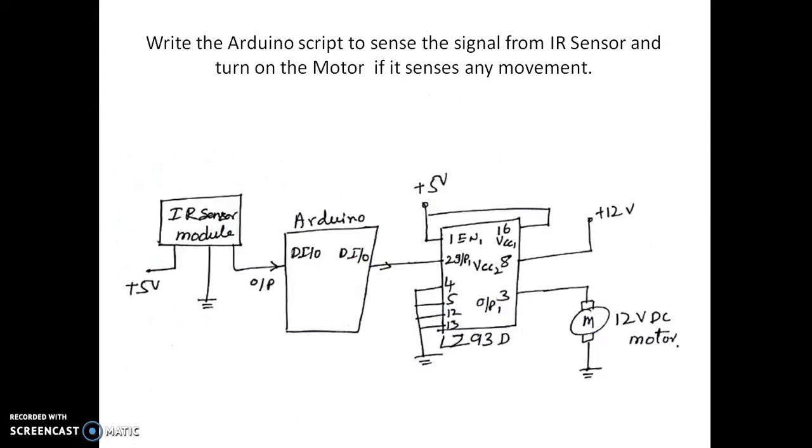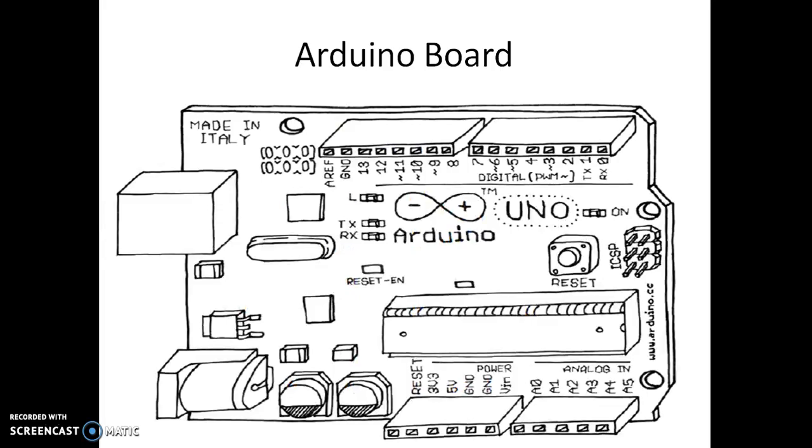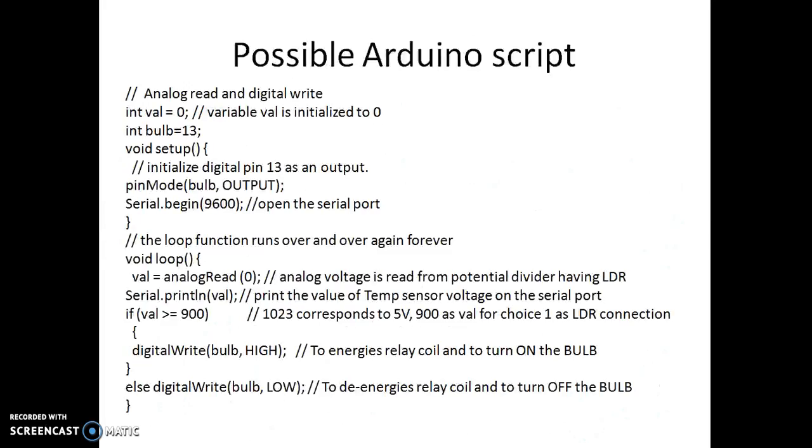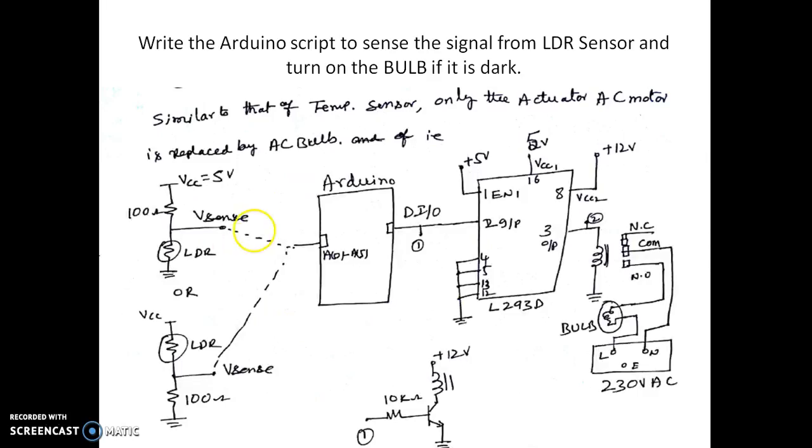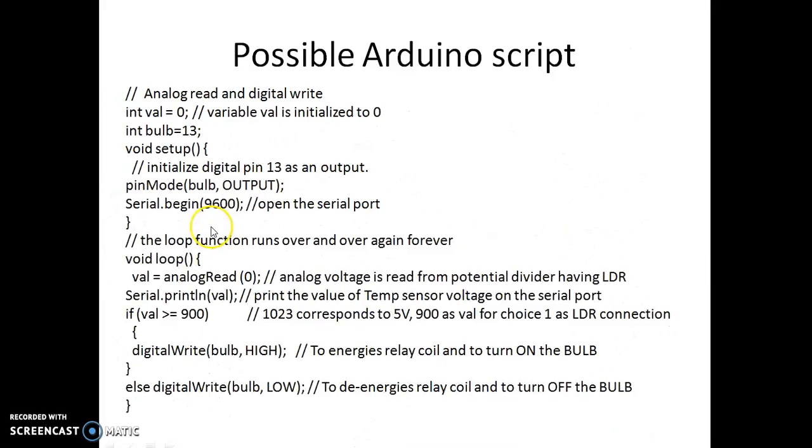So this is used to sense the voltage coming here, so you can have a look at the voltage coming over here, read it into val, and Serial.print val will display the value of the voltage.